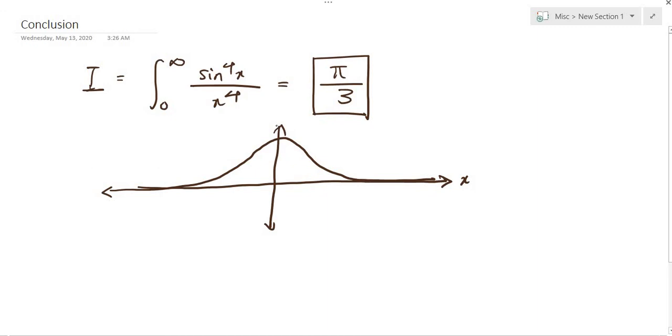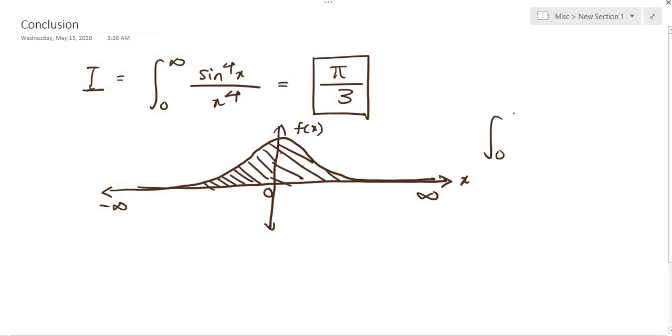So I apologize for my bad drawing skills, but I hope you get the point that this left hand side, that's over the negative region, is actually a mirror of this right hand side, which is the positive region. And both of them are positive areas, because they're lying above the x-axis.